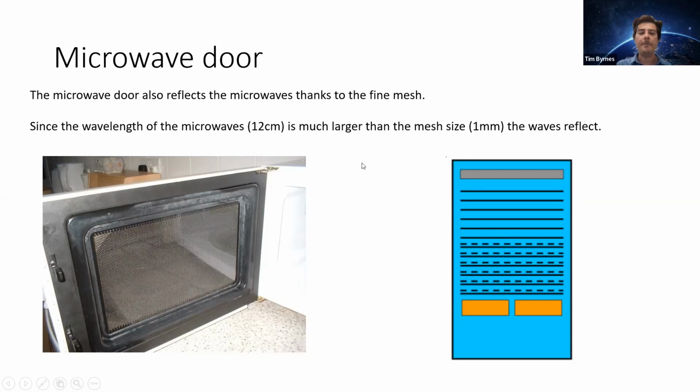And the reason why it's in this mesh pattern is that the wavelength of microwaves is about 12 centimeters. I don't know if any of you have studied what happens when you have waves, for example water waves, coming towards two slits. Has anybody done this double slit experiment, diffraction or interference?